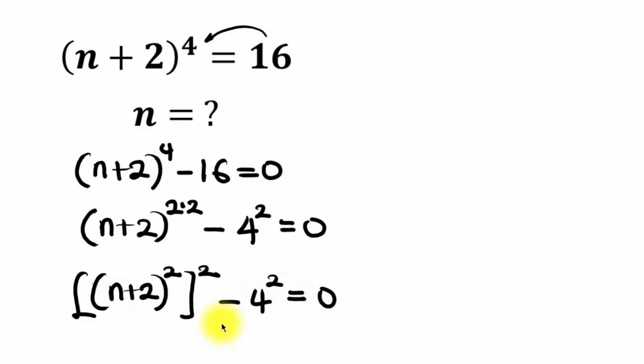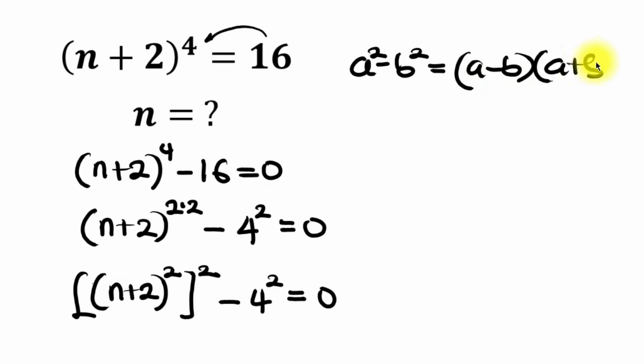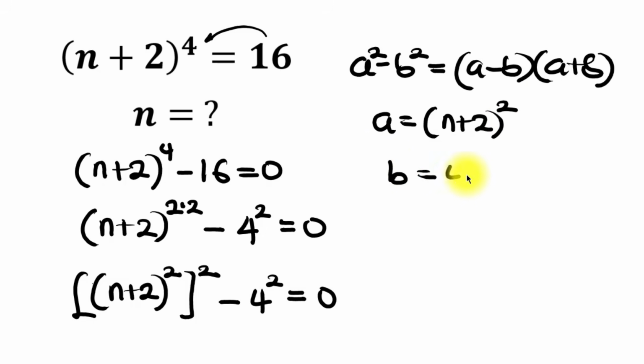Very good. So we have an expression in difference of 2 squares. An expression in difference of 2 squares can be written as, for example, when I have a squared minus b squared, this is the same as (a minus b) times (a plus b). Good. If we compare, that means our a from this expression is (n + 2) squared, and our b is 4.